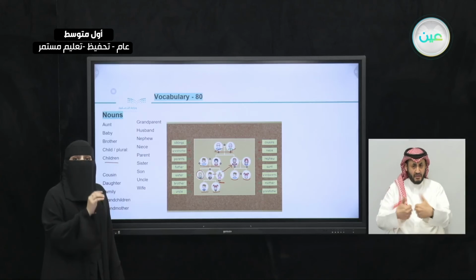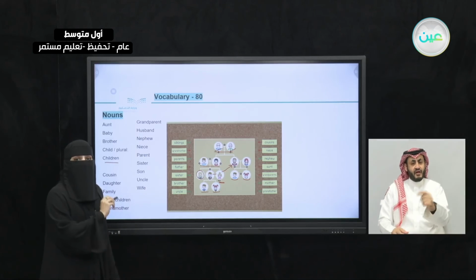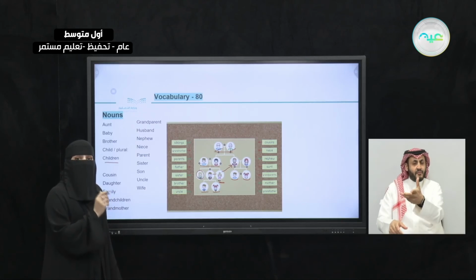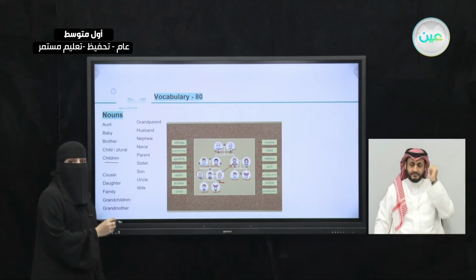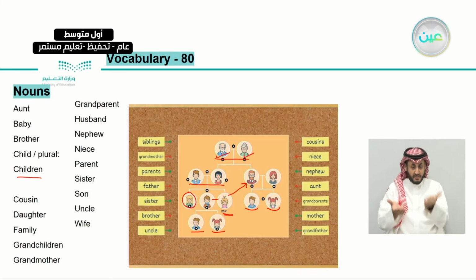Try to draw your own family tree. Call each person with their family member word. You can have your brother next to you in the family tree, your grandchildren for your grandparents, sister, uncle, okay?